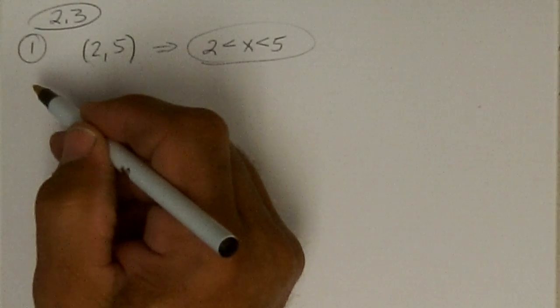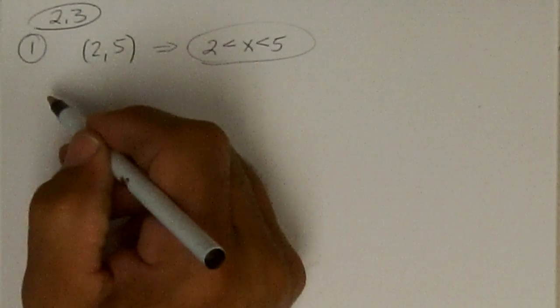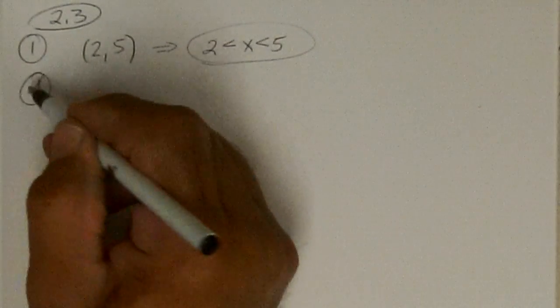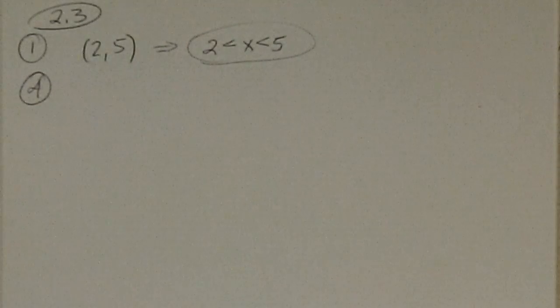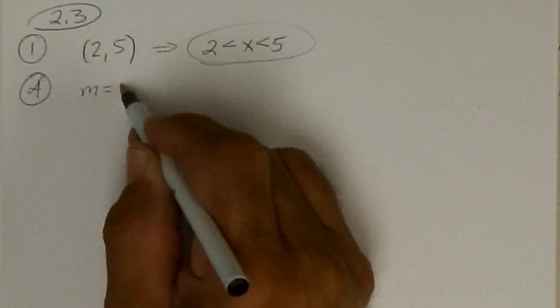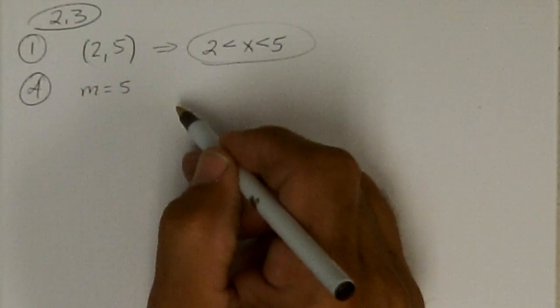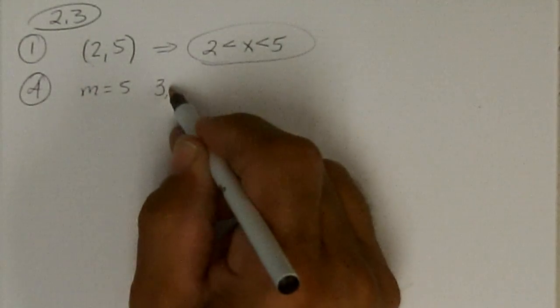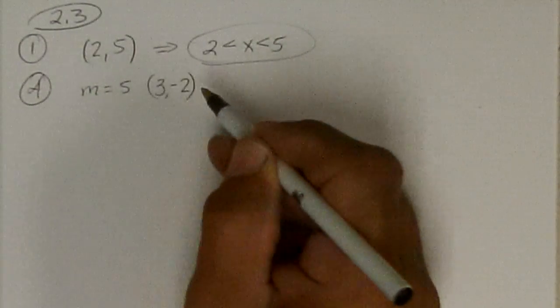That's number 1. Next one is number 4. Write the point slope form of the line with a slope of 5 and containing the point (3, -2).